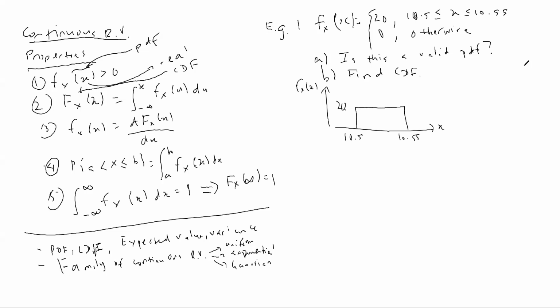So the question is, we want to check whether it's a valid PDF. What should we do then? According to the properties we've listed out, you can already do it. How do we check whether this is a valid PDF?